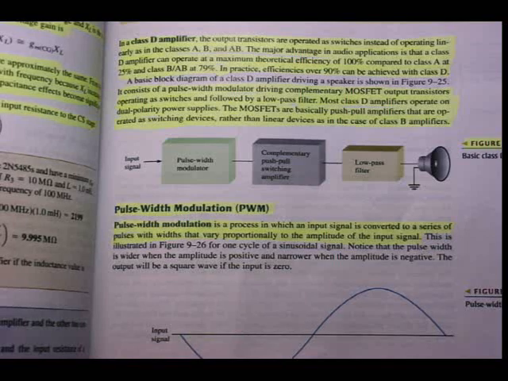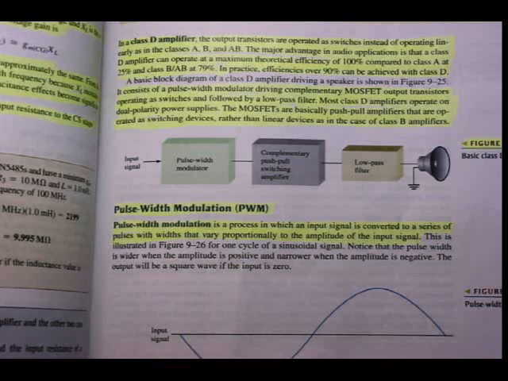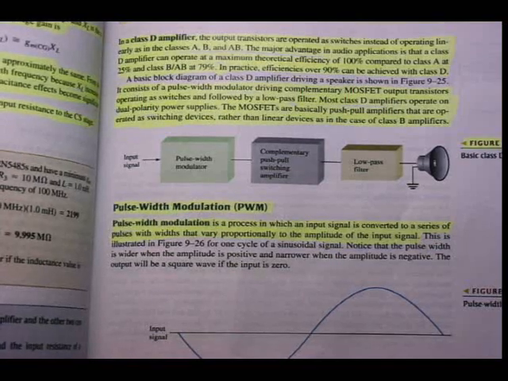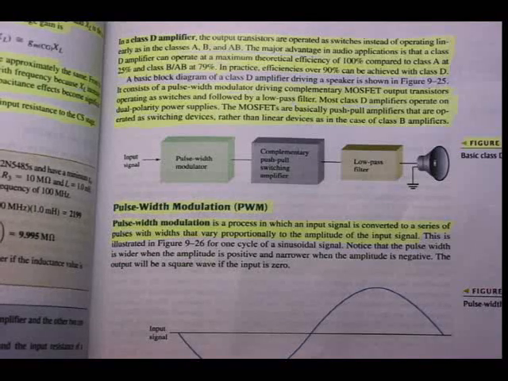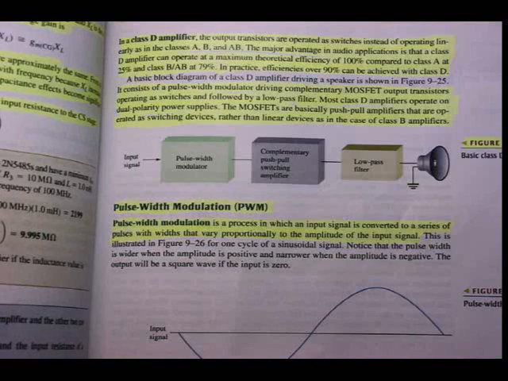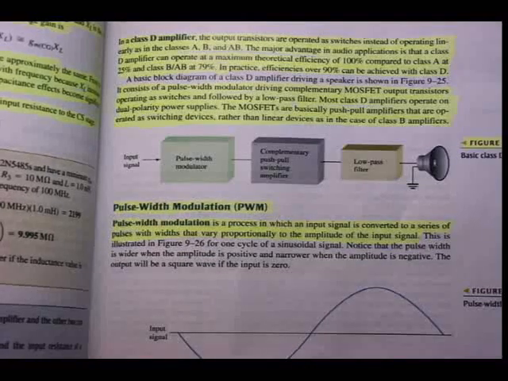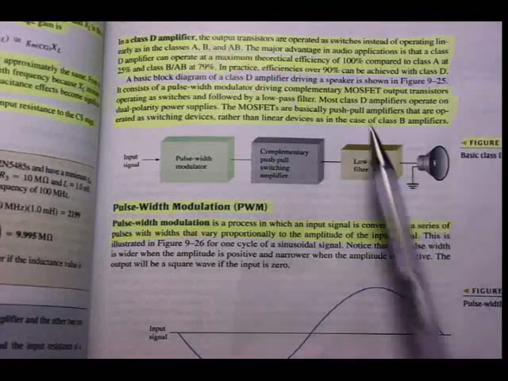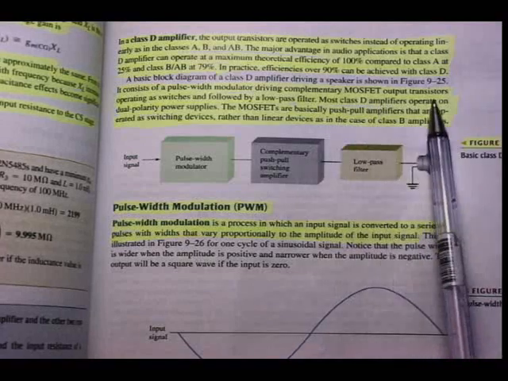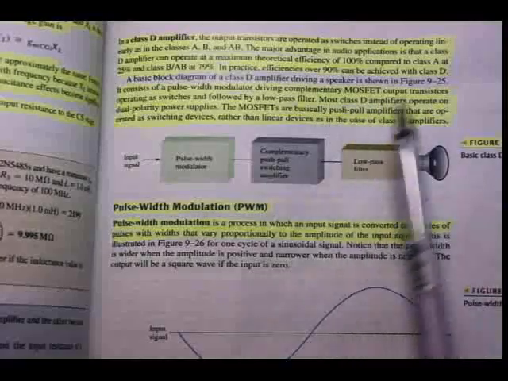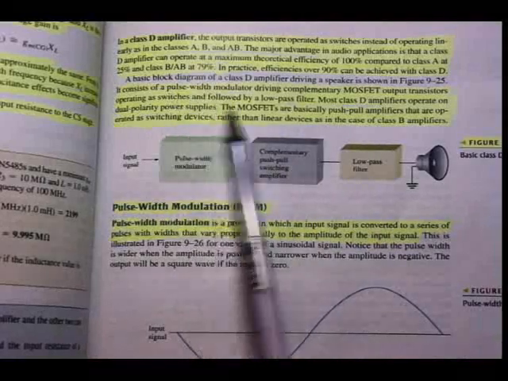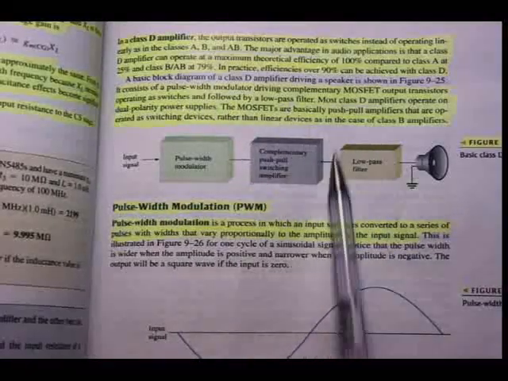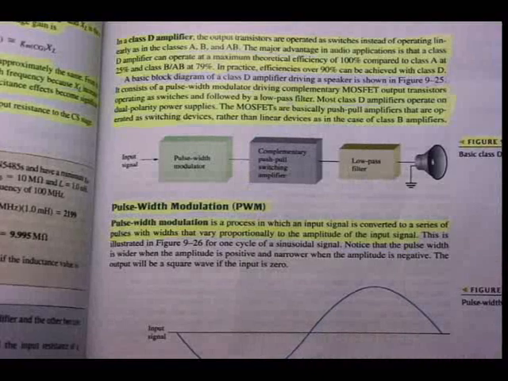All right, then the block diagram, as we've seen in figure 925, consists of a pulse width modulator, which we're going to discuss. We're going to discuss each of these components separately. Driving the complementary MOSFET output transistors operating as switches here in the middle, and then it's followed by a low pass filter lastly before my speaker.